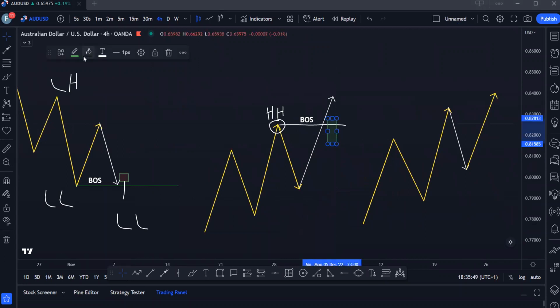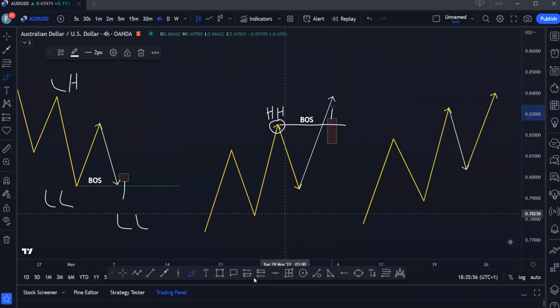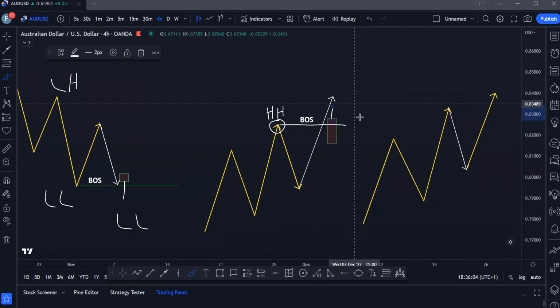Are you saying something like this? Something like this? Ogochukwu, is this what you are saying? Check what's on the chart.